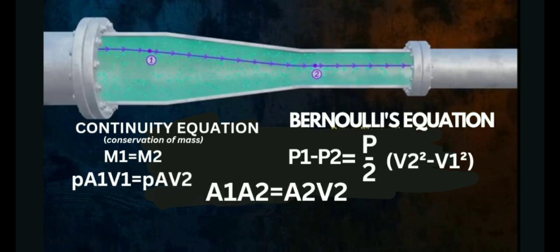So we can rearrange the continuity equation to obtain an expression for the velocity at point 2. The cross-sectional area A2 is smaller than A1, which means that the velocity of the flow increases as it passes into the smaller diameter pipe.